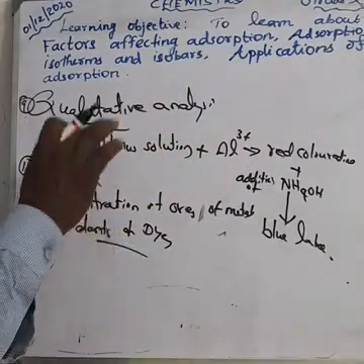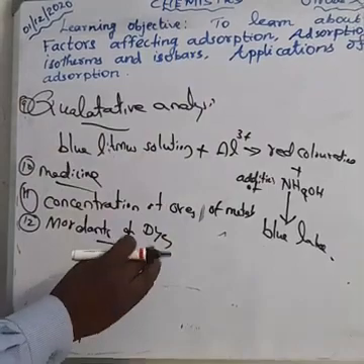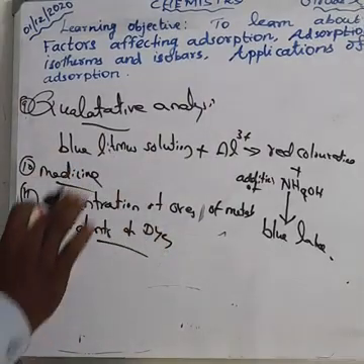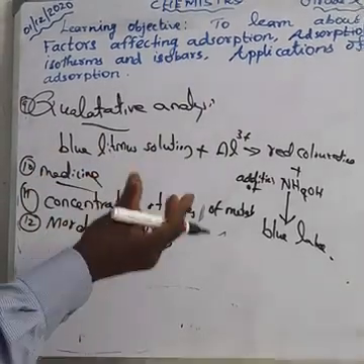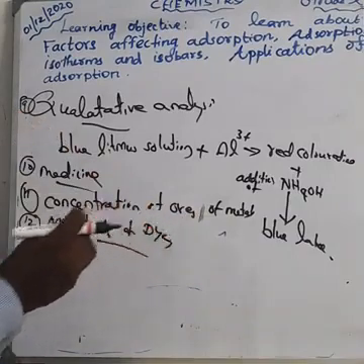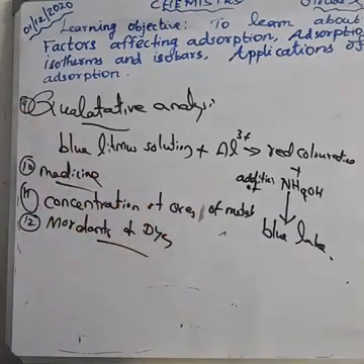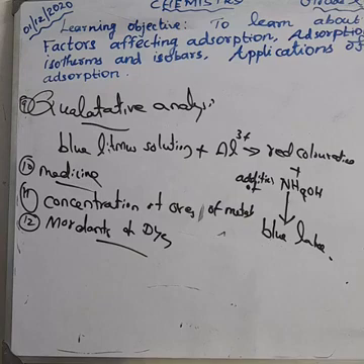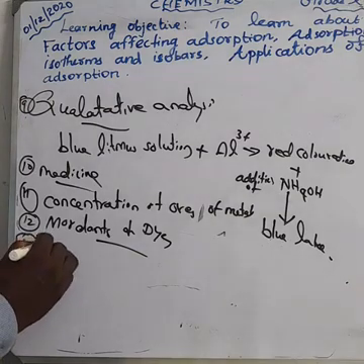Most of the dyes are adsorbed on the surface of the fabrics. The mordants are the substances used for fixing dyes onto the fabrics. This is also based on adsorption.